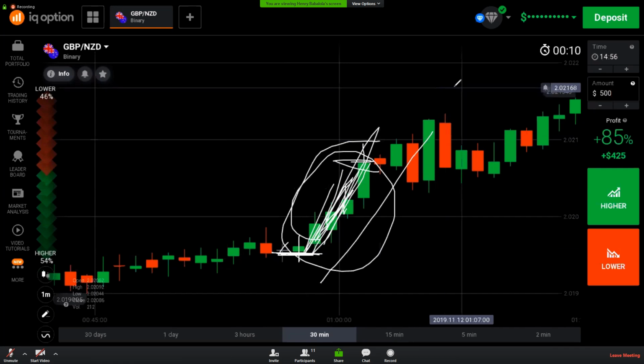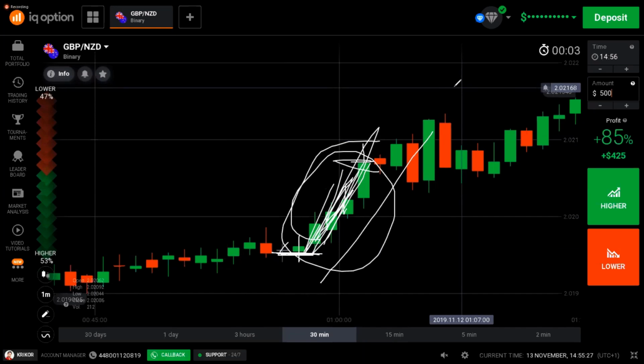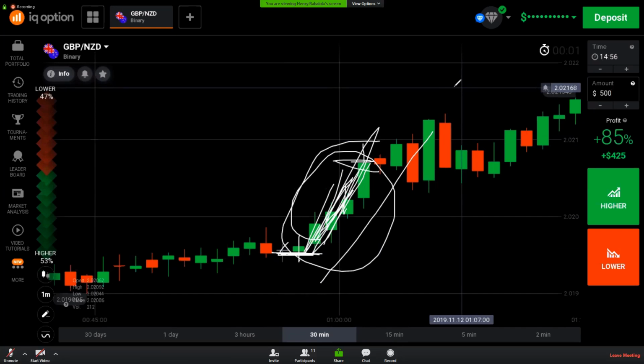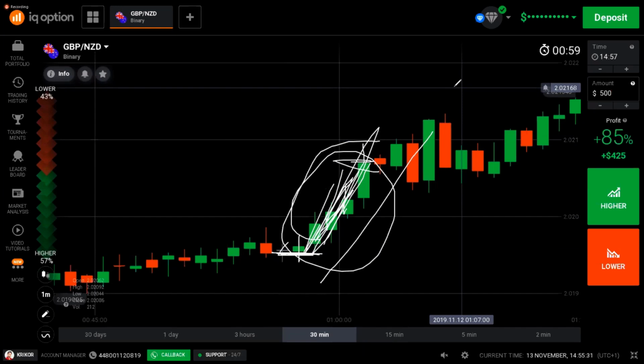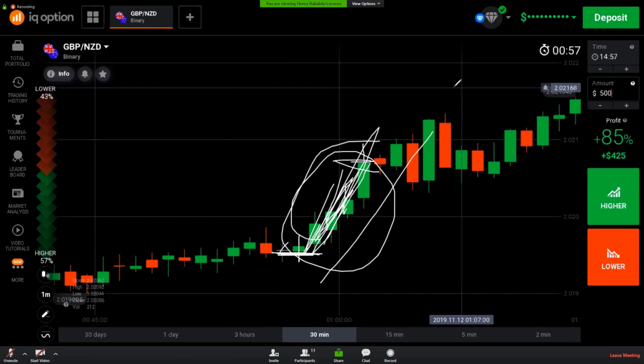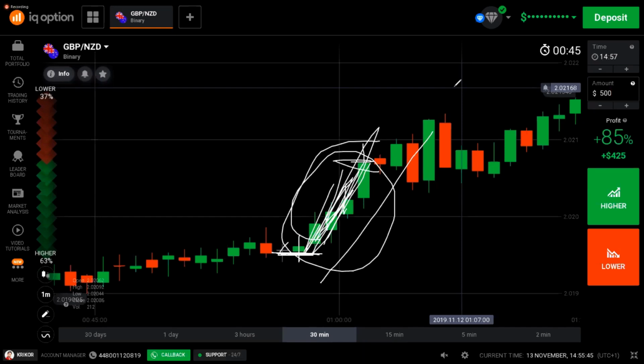So the difference is that in a momentum trend, you see consistency of either buyers or sellers following themselves. You will not see a seller in the middle of a momentum trend of buyers. You will see only buyers in an uptrend. In a downtrend that is a momentum, you will see only sellers, sellers and sellers and sellers. That is a momentum trend.